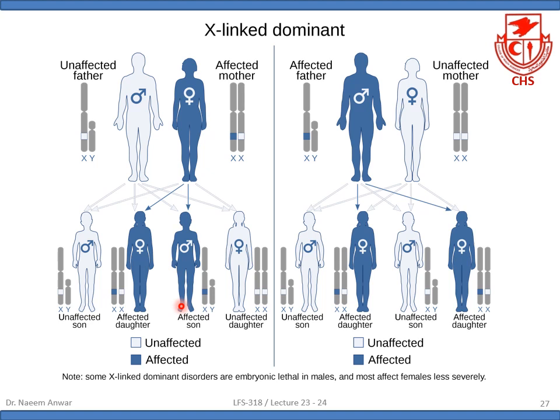And if it's from the father, then unfortunately they will always be affected, they will not be carriers even if they have the other X from the mother, because this is dominant, so they will always have the trait or disease from the father.